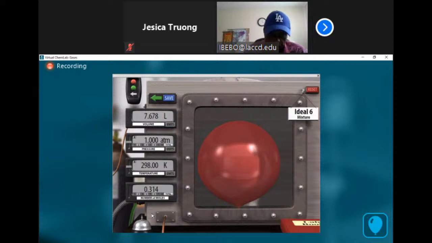And the P total would then be the mole fraction of that particular gas number 2 times the P total, which is what you got by adding the 3 pressures.